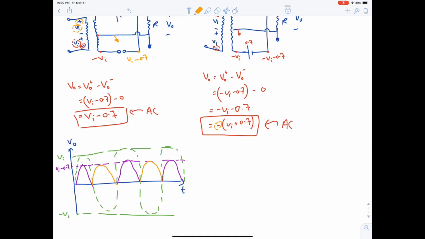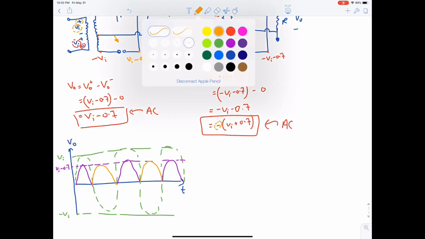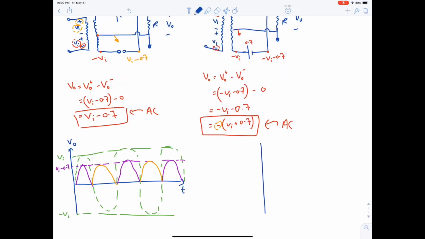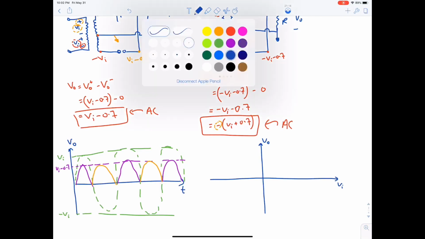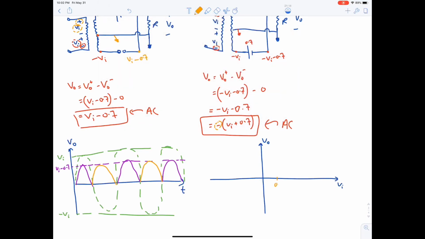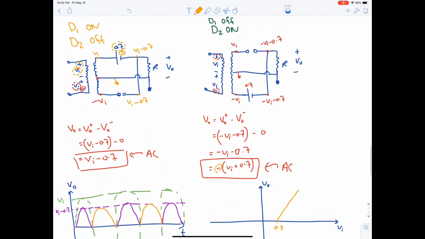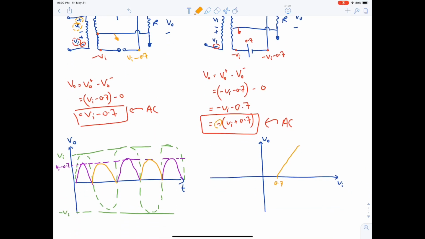Okay, let's draw the transfer characteristic. If Vi is positive, then the output is Vi minus 0.7, which is shifted to 0.7 like this. And if Vi is negative, let's see. Let's only say that V output is only Vi, so it will be like this, right?